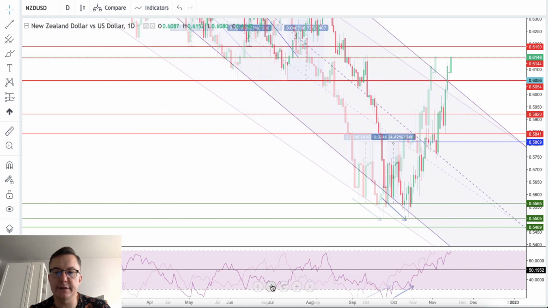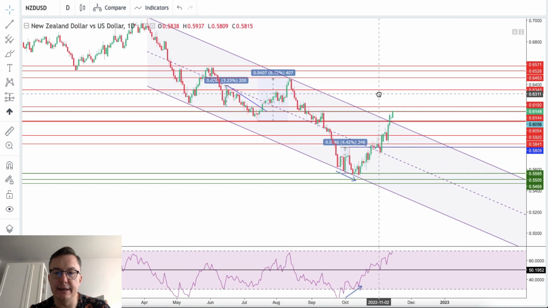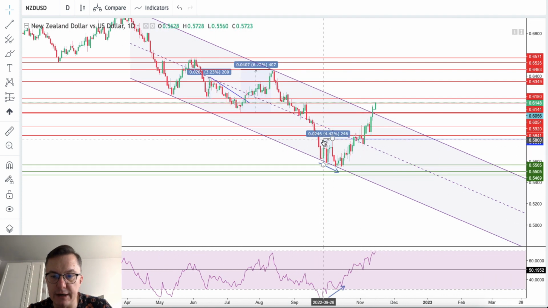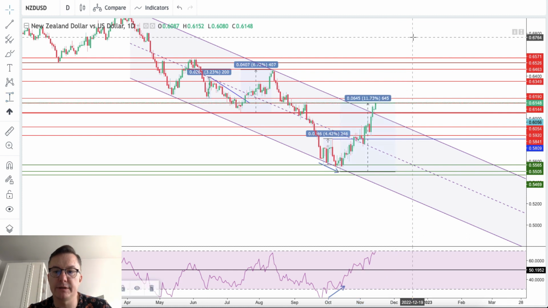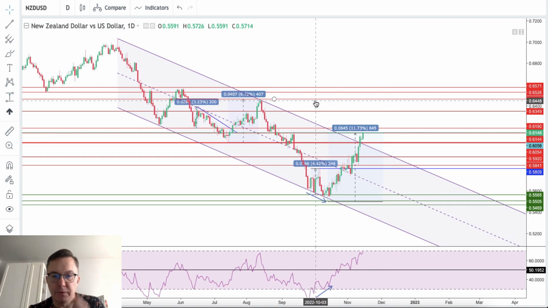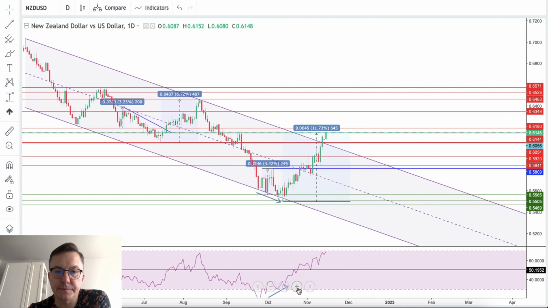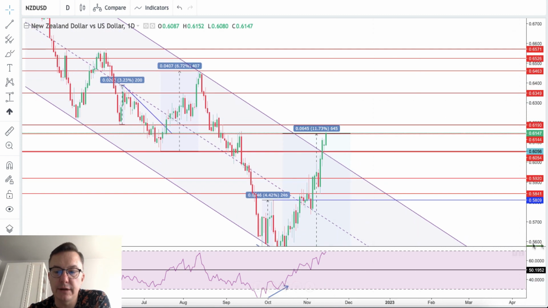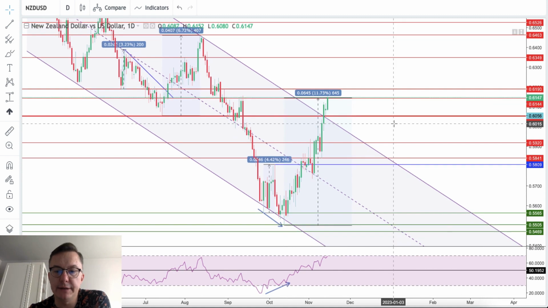The New Zealand dollar is rallying strongly, and again, in this situation, that rally is bigger than any previous rally since the market topped, because this is already 11.7%, and we are breaking out of the channel. Again, very important breakout. However, please notice the fact that we are trending very, very strongly to the upside.